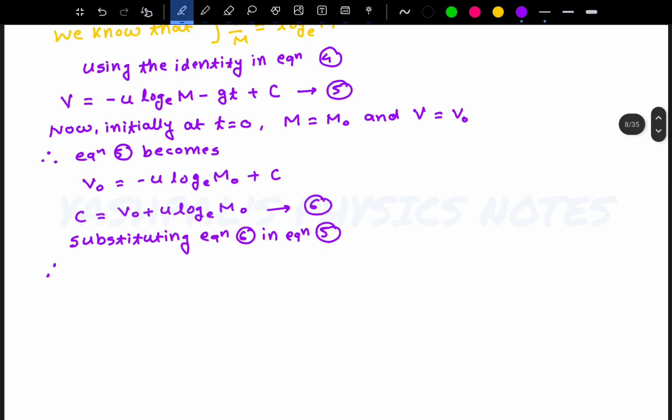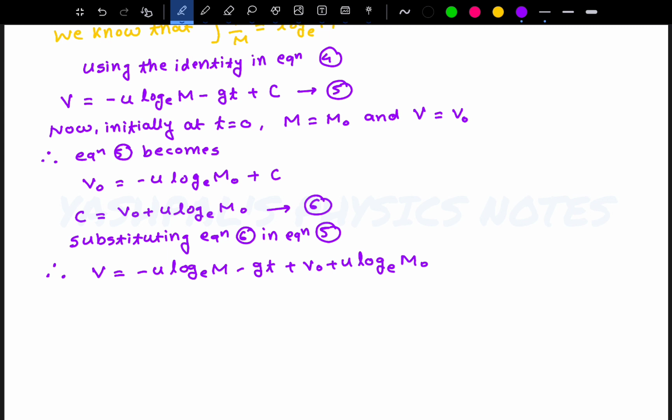So equation number 5 becomes v is equals to minus u log to the base e m minus gt. Here I am writing the value of capital C. What was the capital C? Which was plus v naught plus u log to the base e m naught.